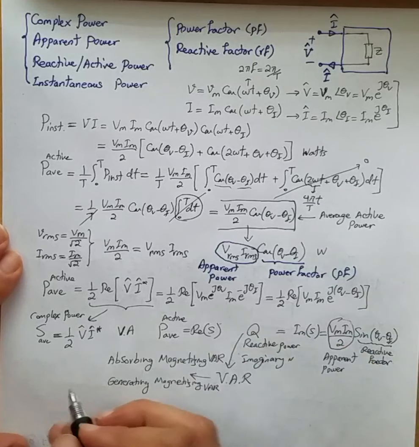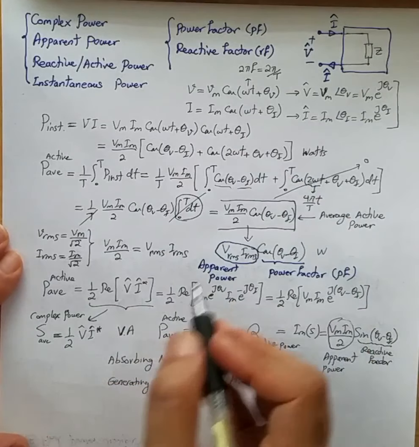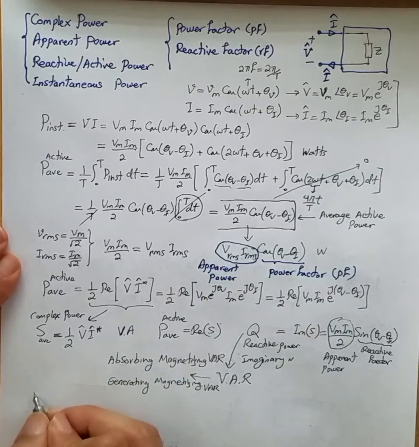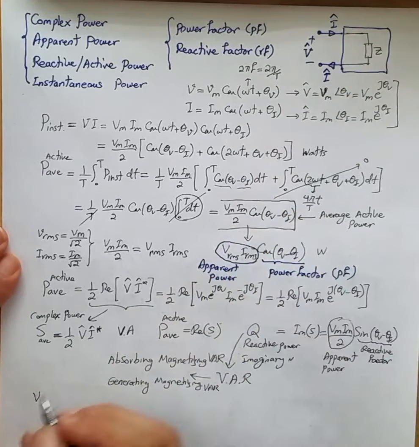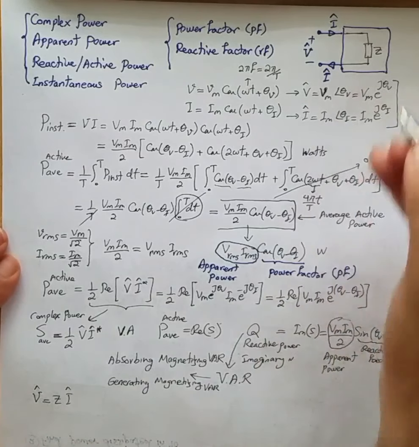Just one last note regarding power factor: for this specific one-port element we showed here, the phasor relationship between the voltage and current is like this, and Z is the equivalent impedance.